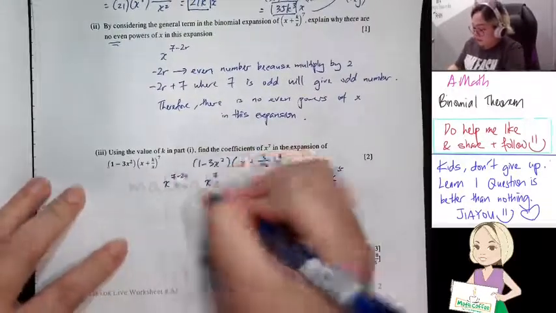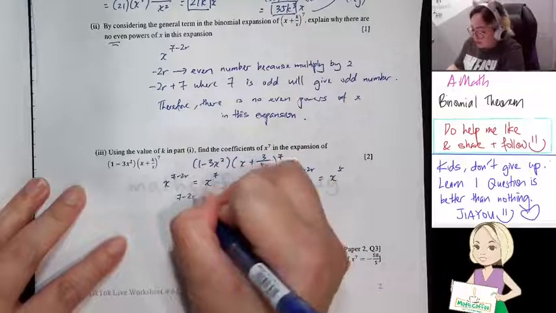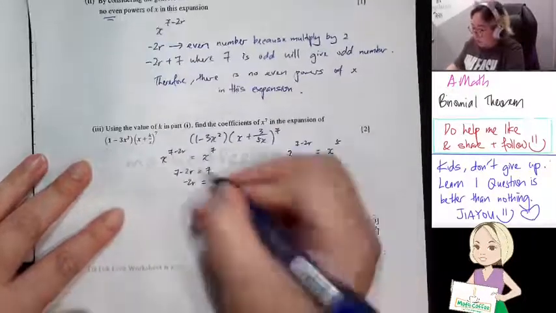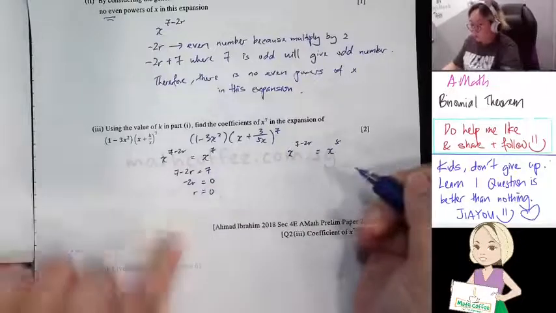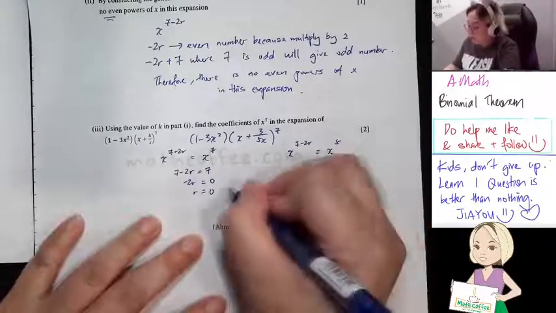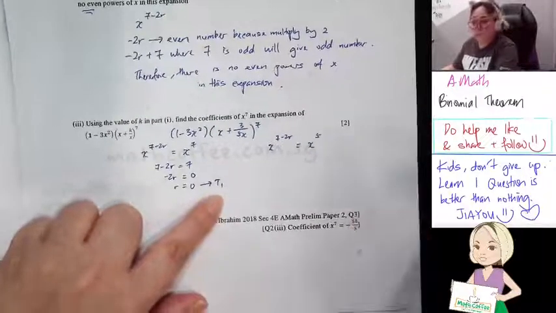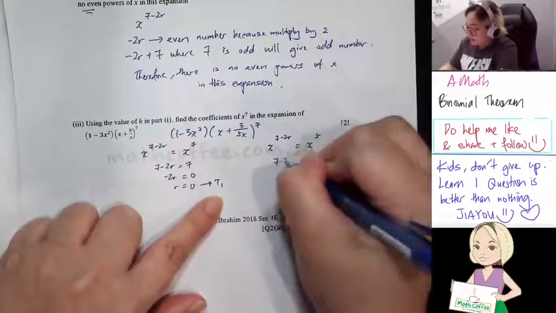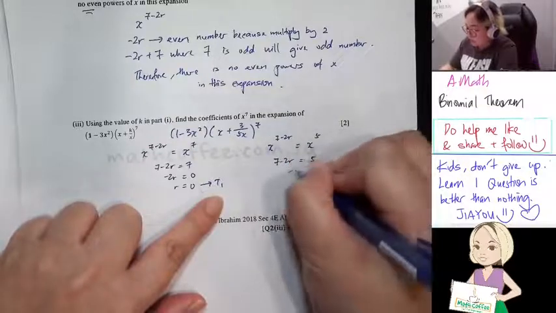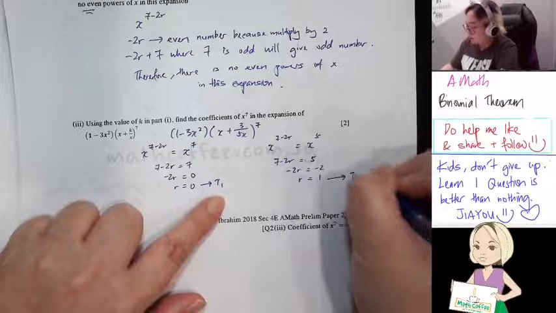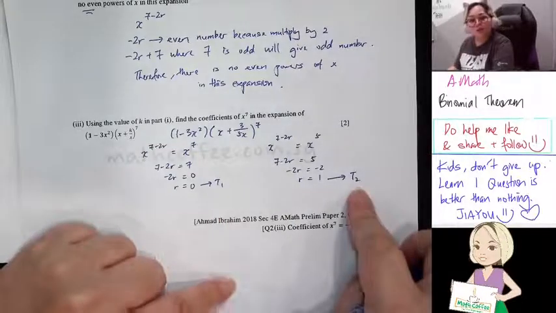So then after that we solve it, we will say, okay, 7 minus 2r equals to 7, minus 2r equals to 0, and my r is equals to 0. So don't panic when r equals to 0. It simply means that they want the term 1. Okay, this one, 7 minus 2r equals to 5, minus 2r equals to minus 2, so my r equals to 1. So this one means I want my term 2.